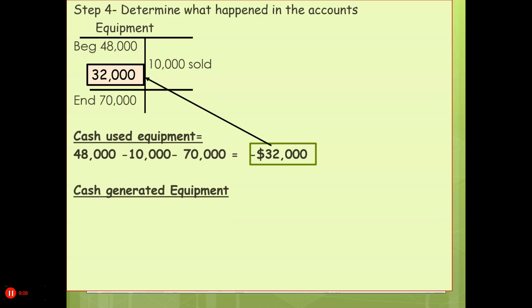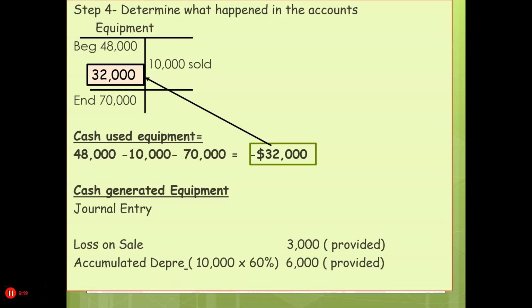Now, what about cash generated from equipment? Again, I like using the journal entry. So, I had a loss on sale, which is provided. Accumulated depreciation was $6,000, which is provided. I had equipment of $10,000, which is provided. So the cash would have to be $1,000. And if you notice, if you add that up, remember, debits have to equal credits.